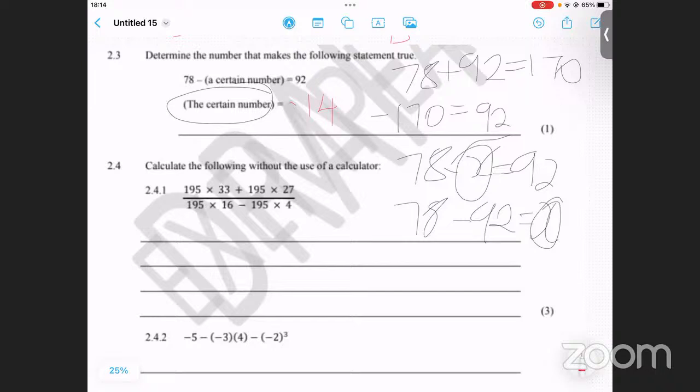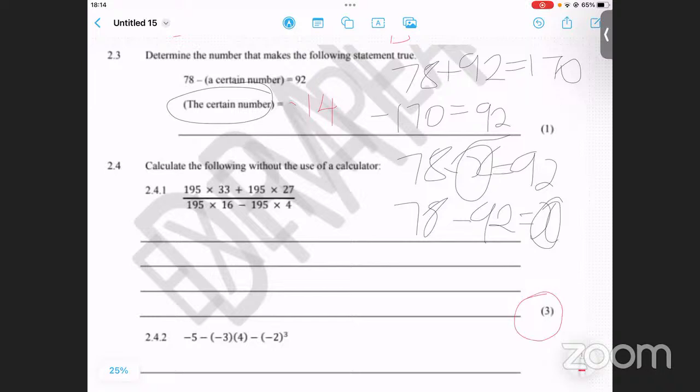So like 195 times 33, ma'am, it gave me 6,435. Wait, before you carry on, how do you know that 195 multiplied by 33 is that? Ma'am, there's this vertical method that you use, since they said we shouldn't use a calculator.